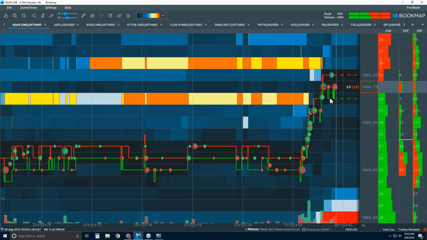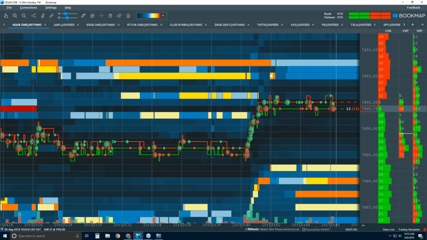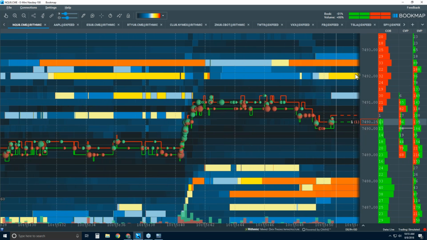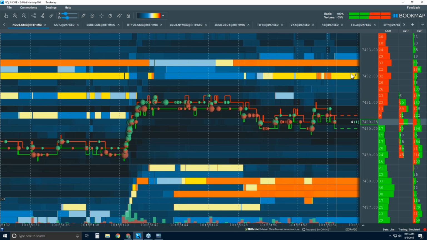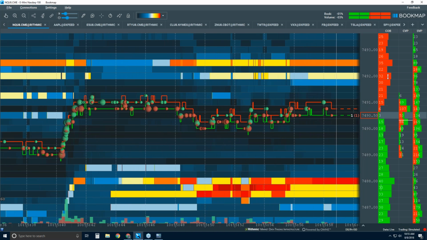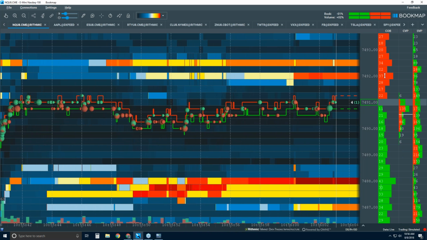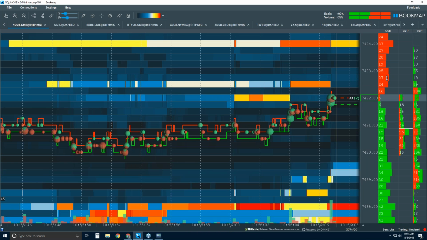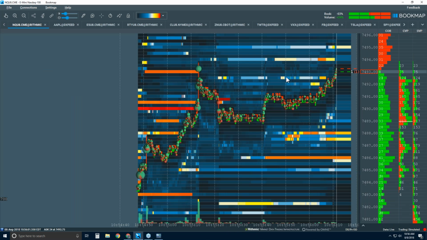Now what that allows you to do, if I zoom out here or zoom back in, I need to show a little more data here, is we take the heat map and we record it and plot it onto the chart historically. Instead of using your dome just for the very current market, because it's very difficult to use the dome for historical data, we've recorded it, so now you can use it.